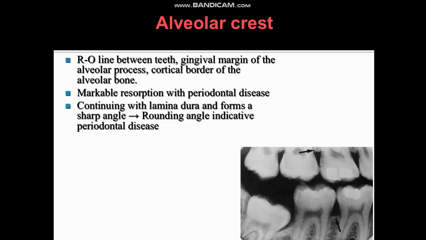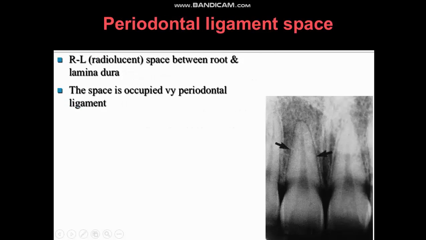Normally, it appears as a sharp angle continuing with the lamina dura, but during periodontal disease, this angle is rounded. This rounded angle is indicative of periodontal disease.